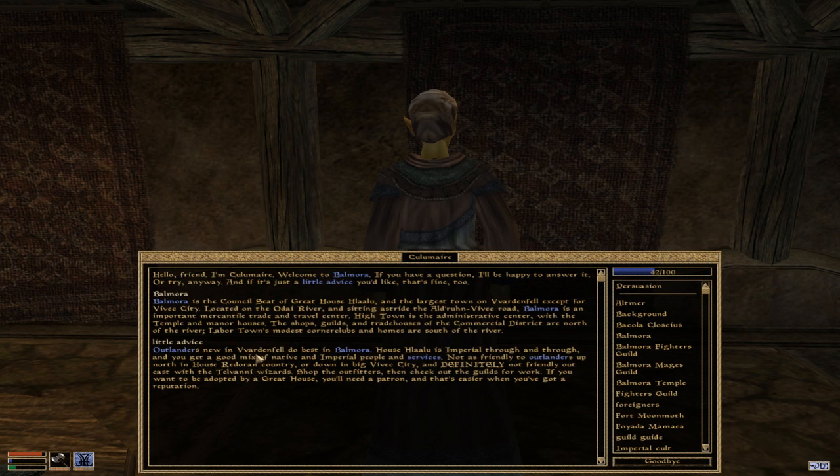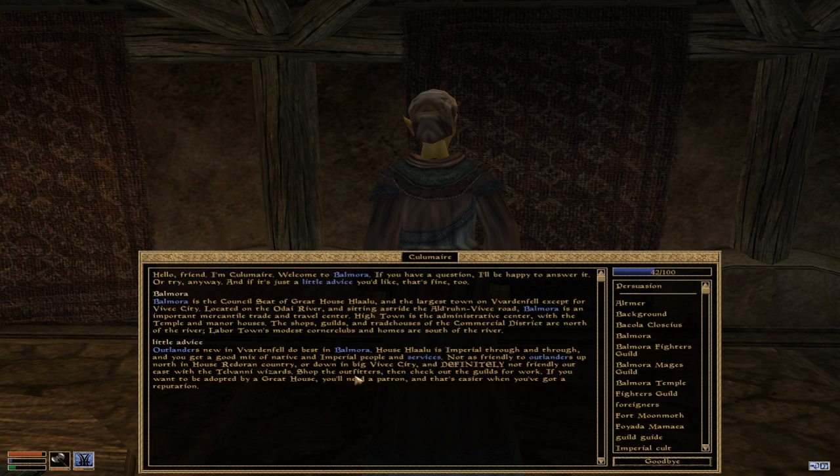Outlanders new in Vvardenfell do best in Balmora. House Hlaalu is Imperials through and through, and you get a good mix of native and Imperial people and services. Not as friendly to Outlanders up north in House Redoran country, or down in the big Vivec city, and definitely not friendly out east with the Telvanni wizards.